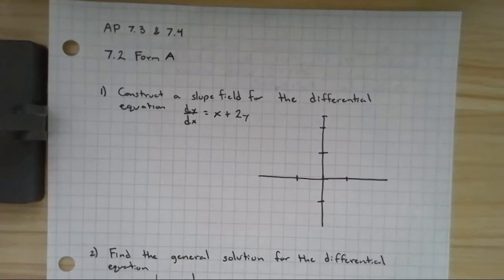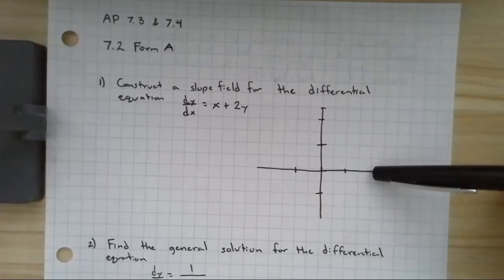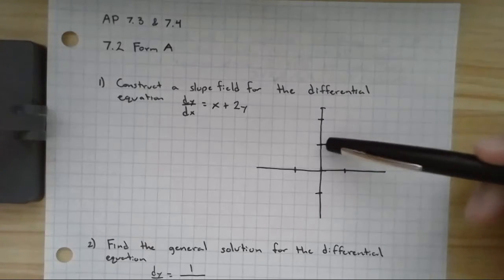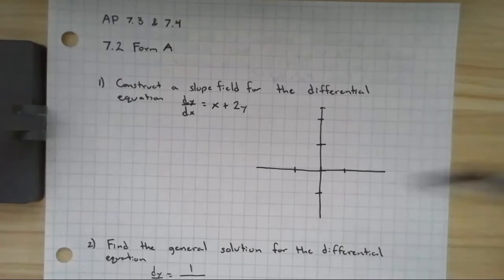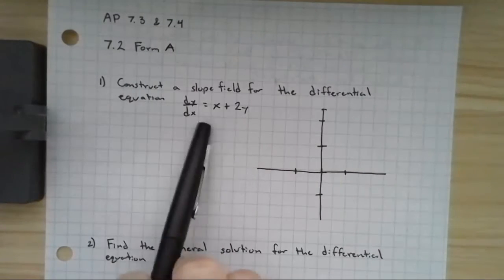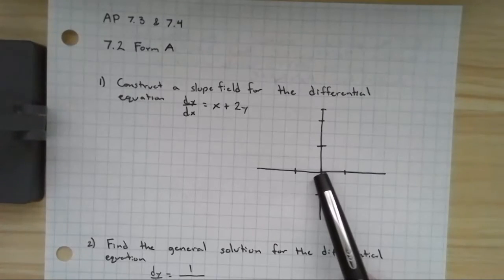For this one, you want to do it for every possible point. I actually overdrew my plane a bit. If you look at the form, they're only giving -1, 1, +1, +2, and then -1 for the y's here. But here's the differential equation. Let's take the origin first. At the origin, this is an x value of 0 and a y value of 0.